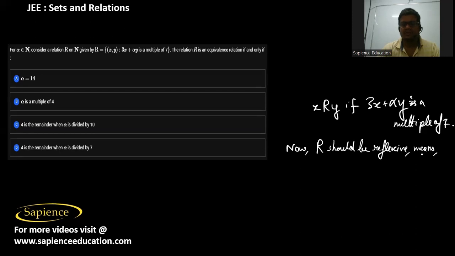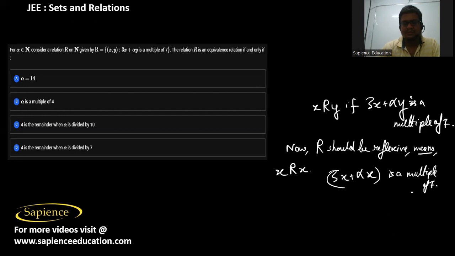It means that x should be related to x. So it means that 3x plus alpha x should be a multiple of 7. So it means that x into 3 plus alpha should be a multiple of 7.